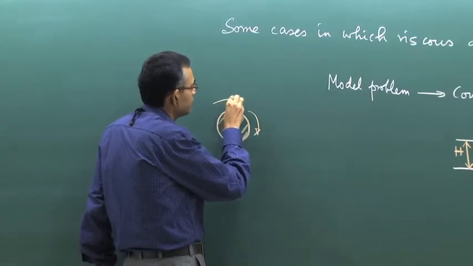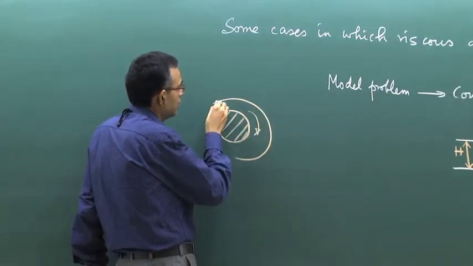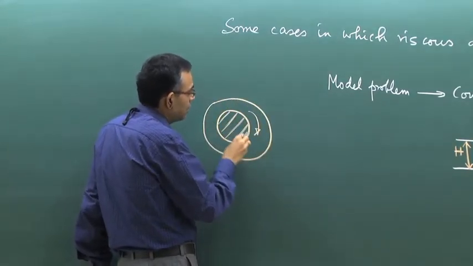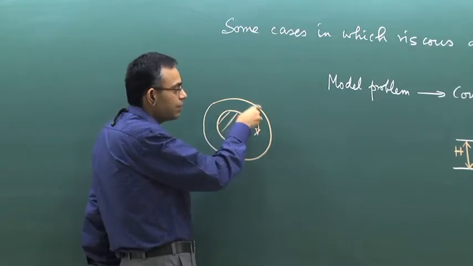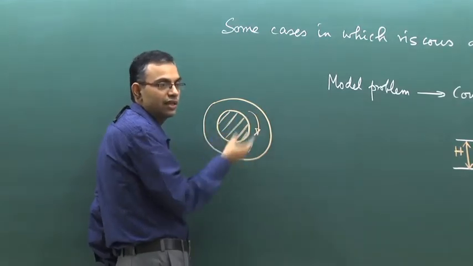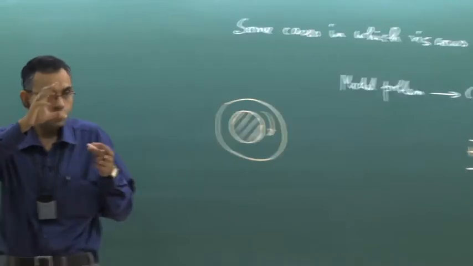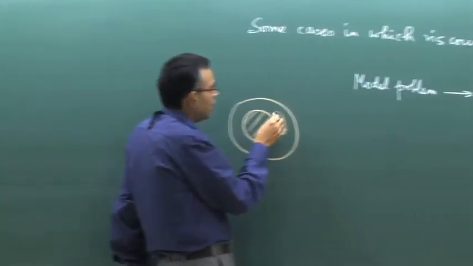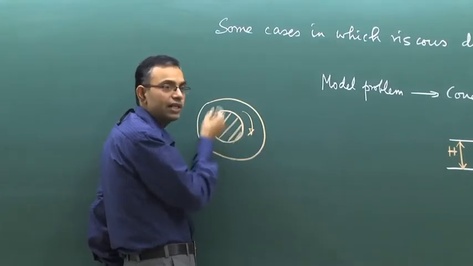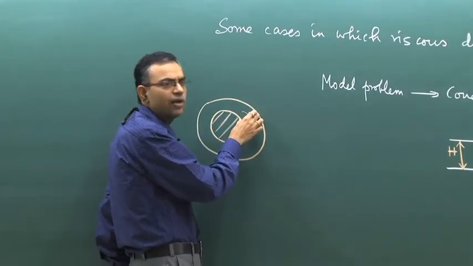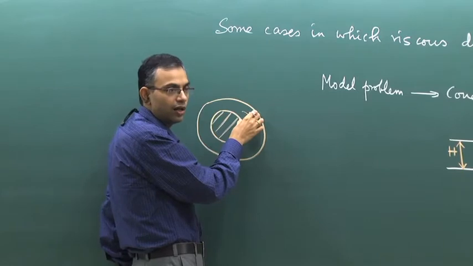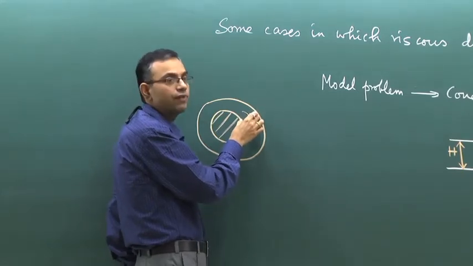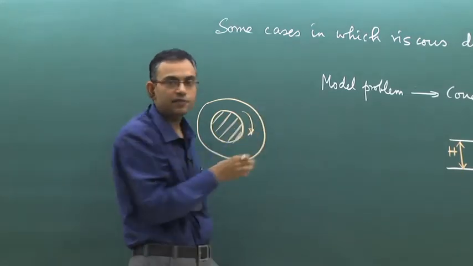Now this may be the rotor, but this may be a stator, just an outer casing to support the shaft. Now we have actually magnified this figure. This gap is very, very small, but at the same time this gap is finite. Why is this gap finite?